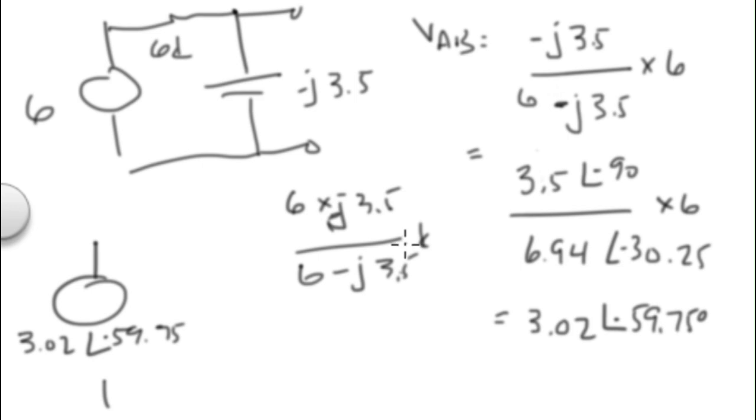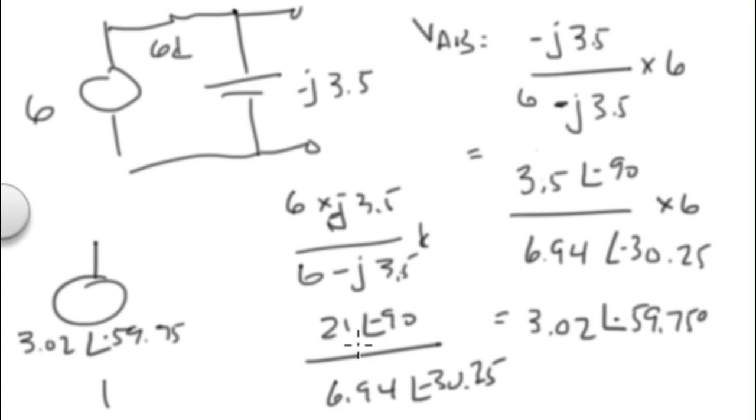Okay, so it's 6 times the minus J 3.5, 6 times 3.5 equals 21. 21 at angle minus 90 over 6 minus J 3.5. So we're going to go 6 R to P 3.5 minus equals 6.94 at minus 30.